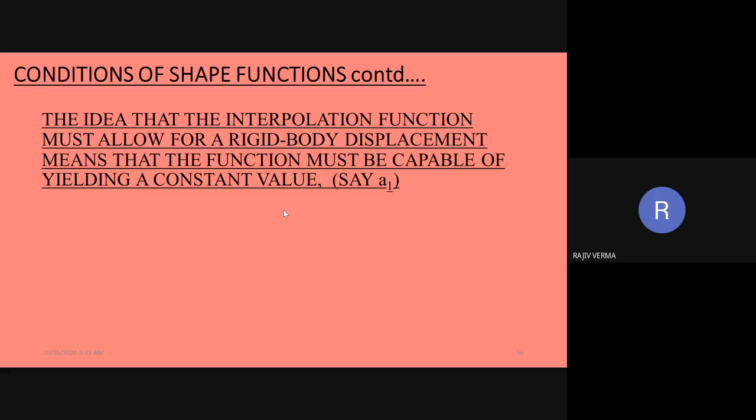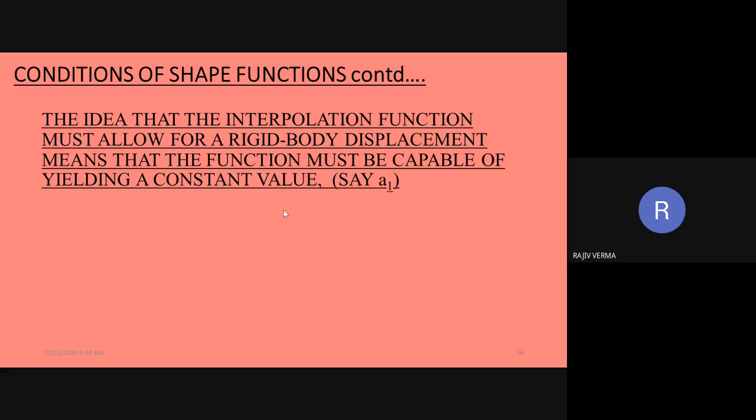And since the value of displacement at both the nodes is same, it basically means that anywhere within the element itself, the deformation is going to have that same value. So when the value of deformation is same throughout, it basically means that the body is not deforming.